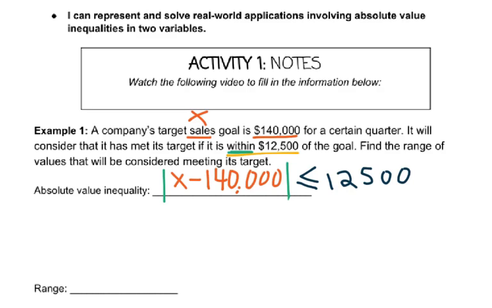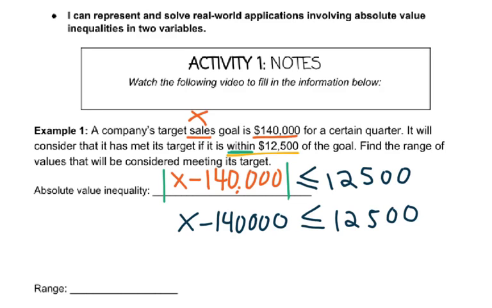So in the case of less than, you take your expression inside the absolute value, and we know it needs to be less than that number. But since it could be negative, it also needs to be greater than the opposite of 12,500. So that difference needs to be in between these two numbers.